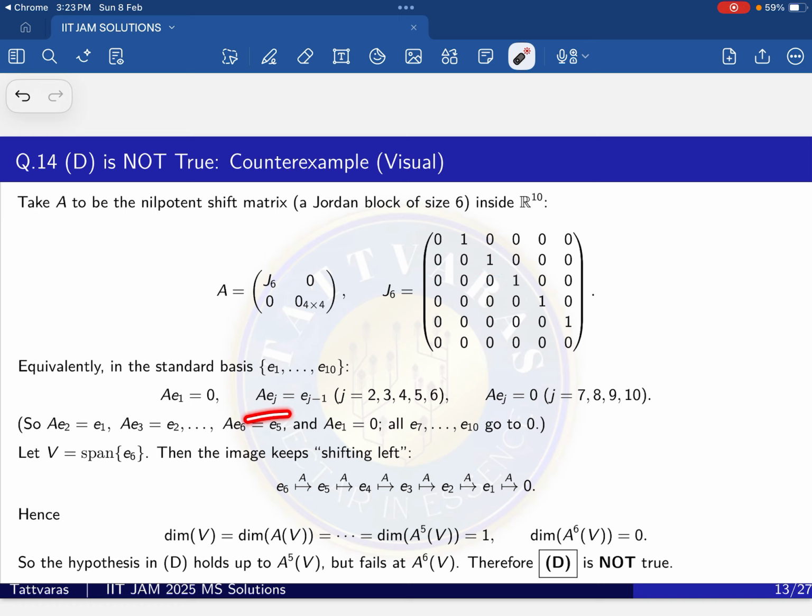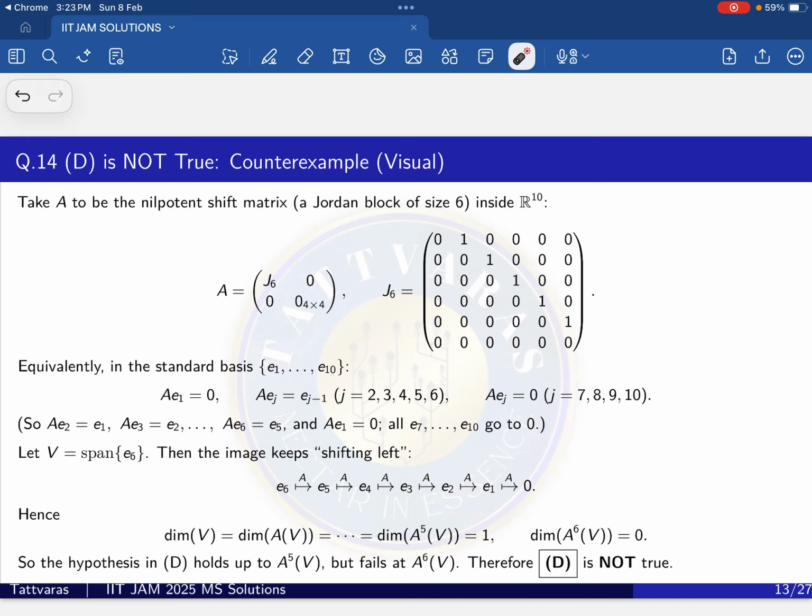So A ej is e(j-1) for j equal to 2, 3, 4, 5, 6, and after that it's all 0. So basically one portion of the matrix is in Jordan form, and the rest of the elements are all 0. You might try to visualize this. It is a little lengthy because it's a 10 cross 10 matrix.